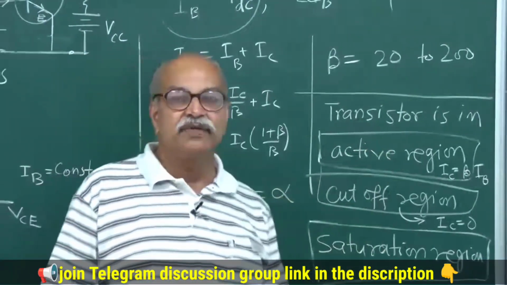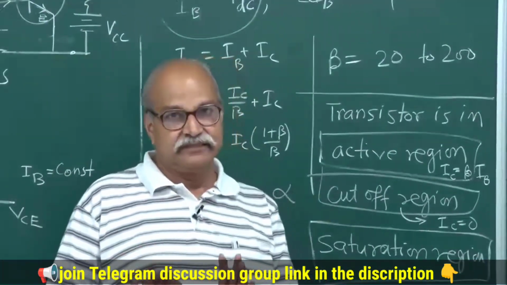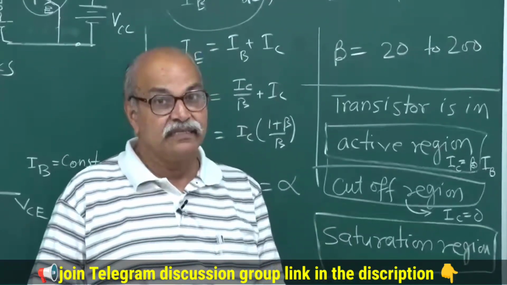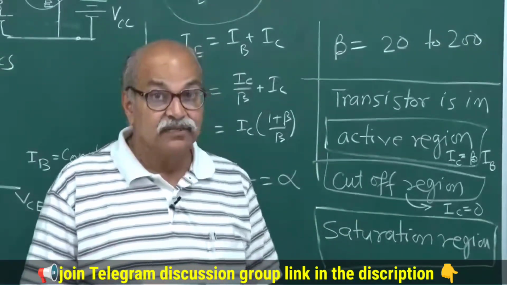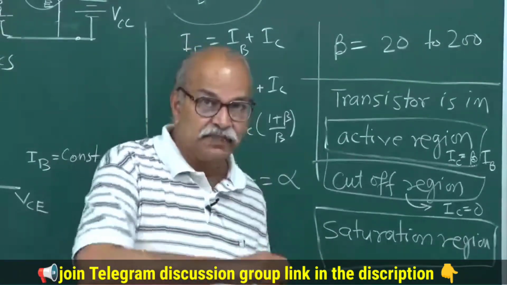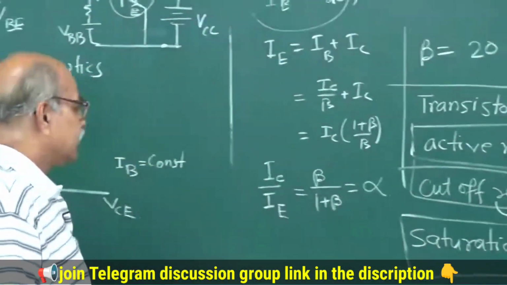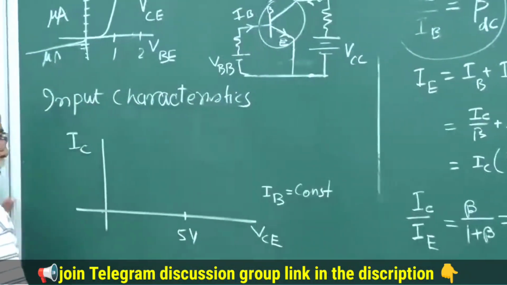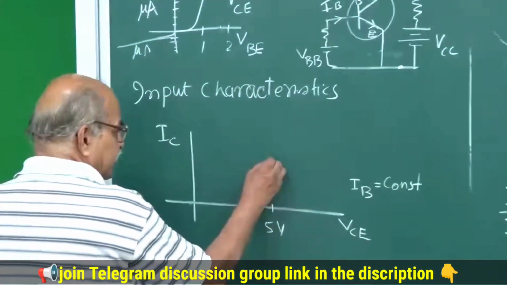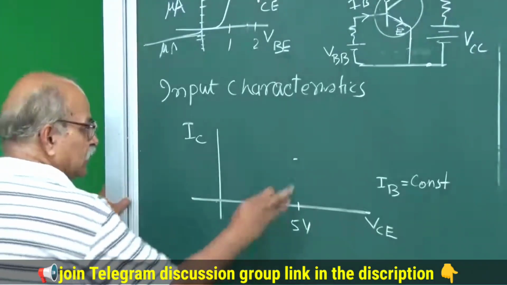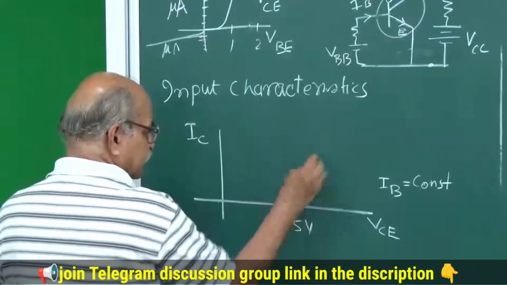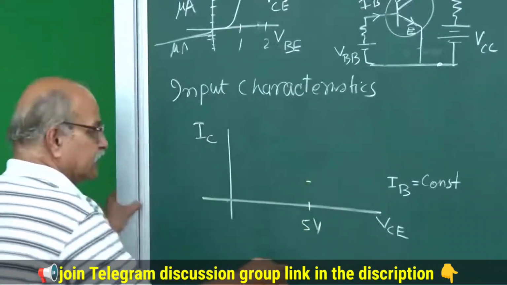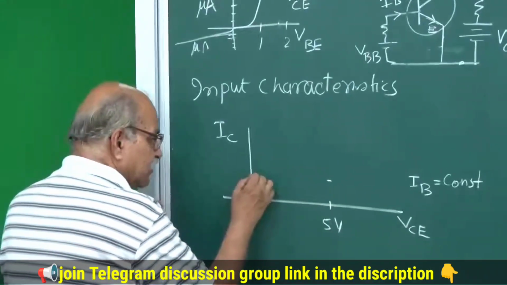In the active region, what will happen? The collector base junction is sufficiently reverse biased, so that it draws beta times that current IB. So it is drawing this much current, let us say, or I have to draw more characteristics. So let us say this one here, this much, this is the IC, this is the value of IC.